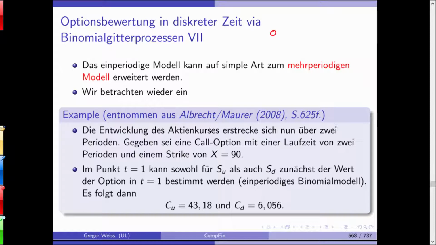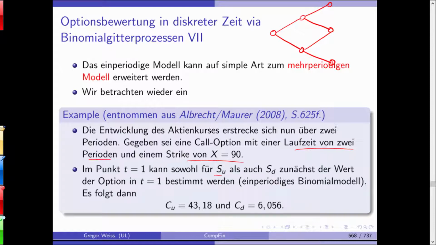Quite simple. You simply assume that in T1, this is again an option, and you can generalize it by simply adding yet another two sets of two states. So we now assume in this little example a call option with maturity in 2 periods and a strike of 90.